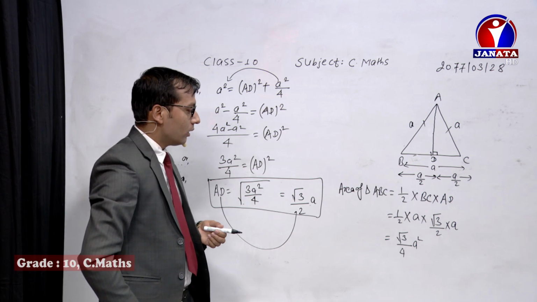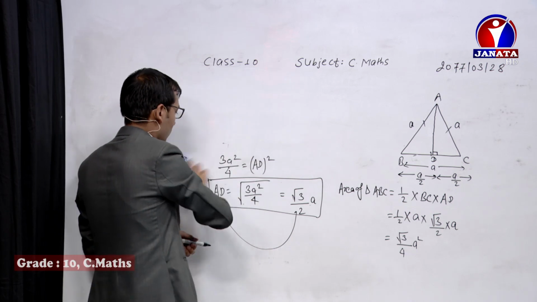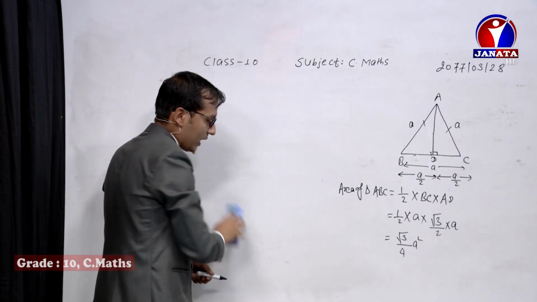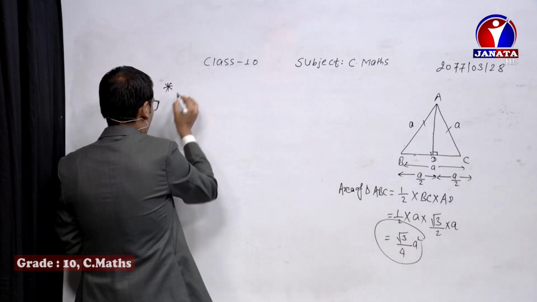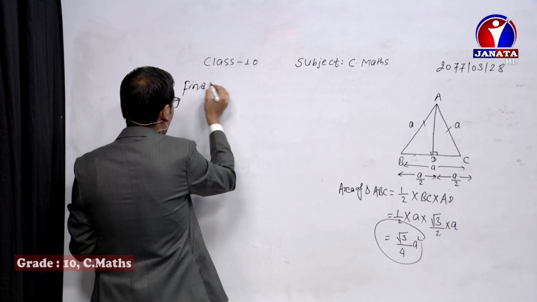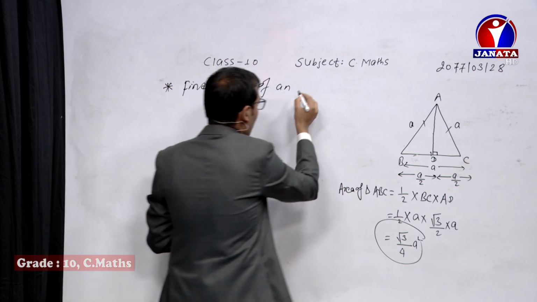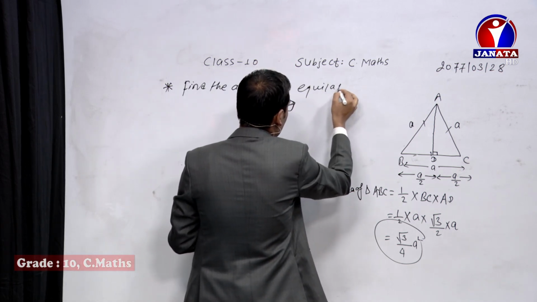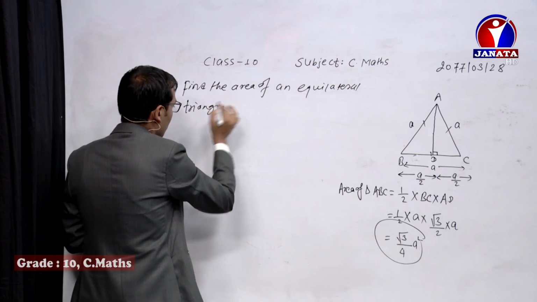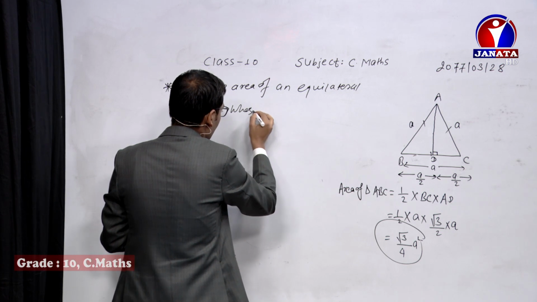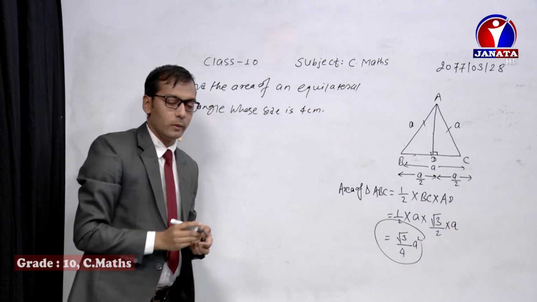So we can take an example for this. Let's take one example and find the area of an equilateral triangle. This is the formula we use for an equilateral triangle. So let's take an example. Find the area of an equilateral triangle whose side is 4 centimeter.